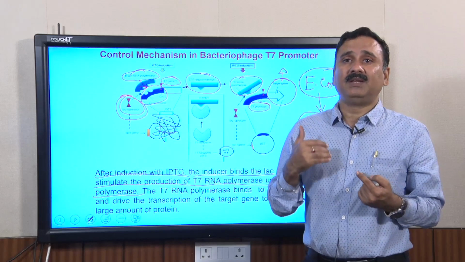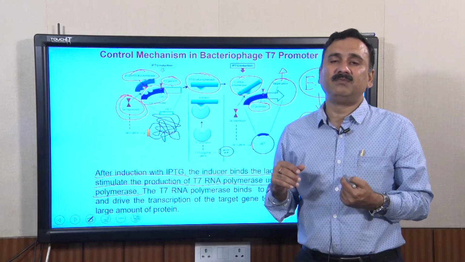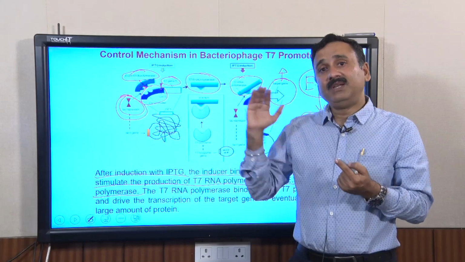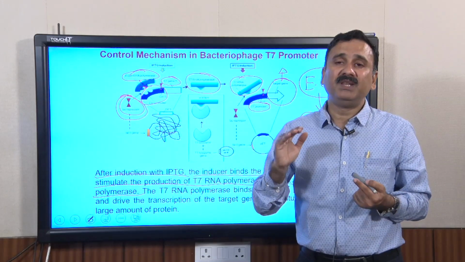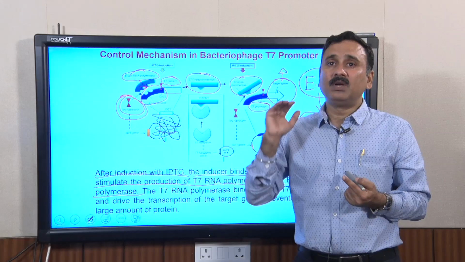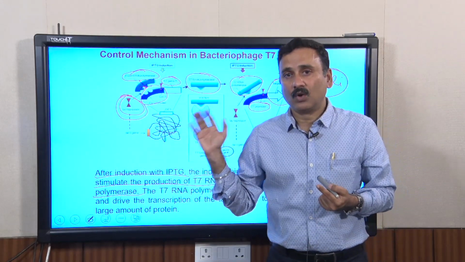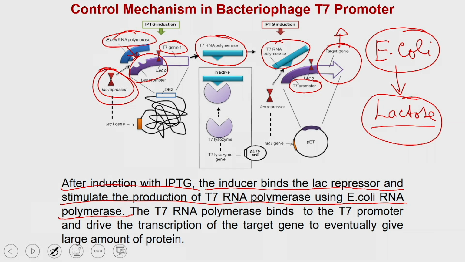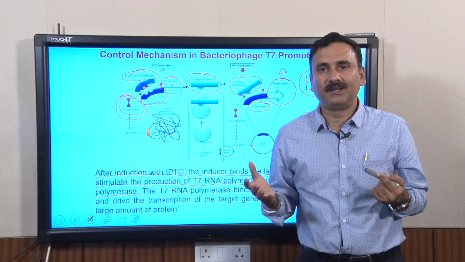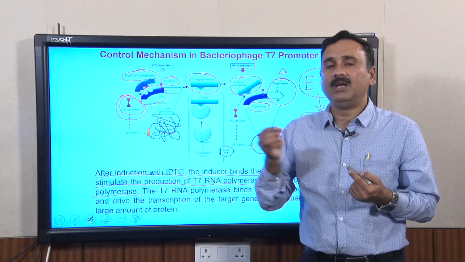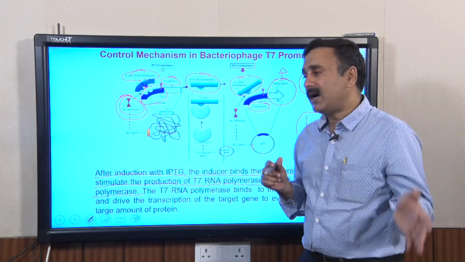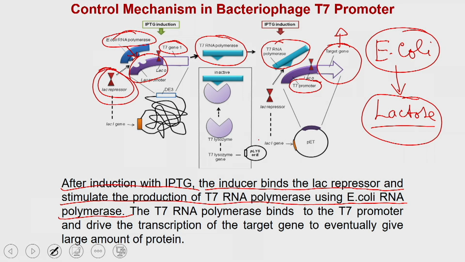So, in some cases, just like we discussed for the bacteriophage PL lambda promoter, some of these target proteins which you are overexpressing may be toxic or may not be good for E. coli growth. In those cases, you will not see the E. coli cell number increasing while you are incubating. So, to make it a tighter control, people have designed two more plasmids, in which they have overexpressed the T7 lysozyme gene.